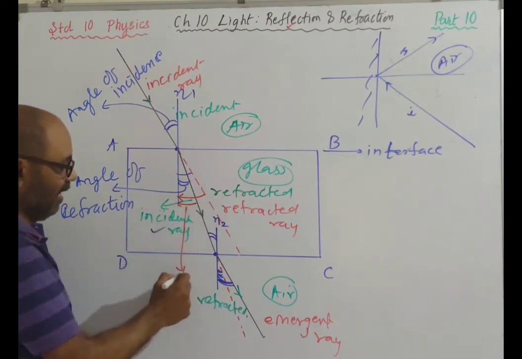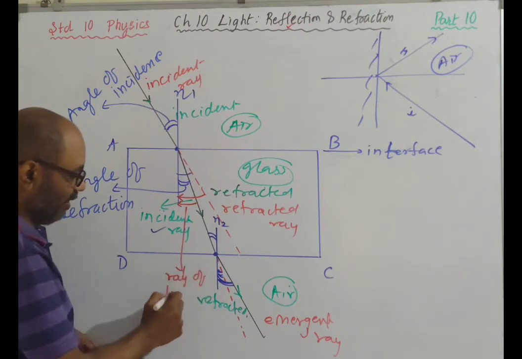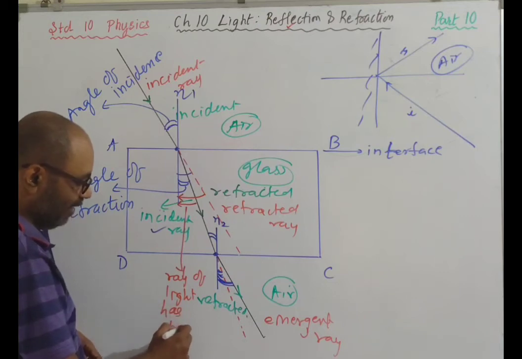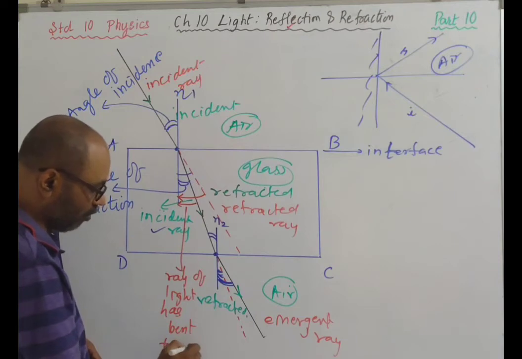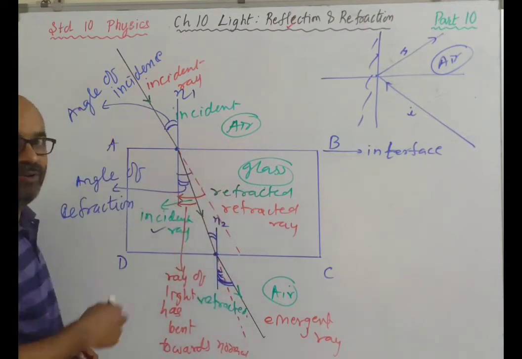So you can say, yes, the ray of light has bent towards the normal.